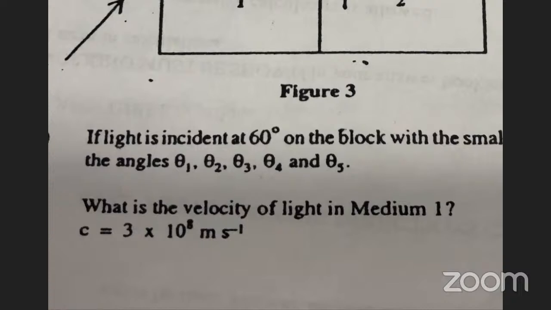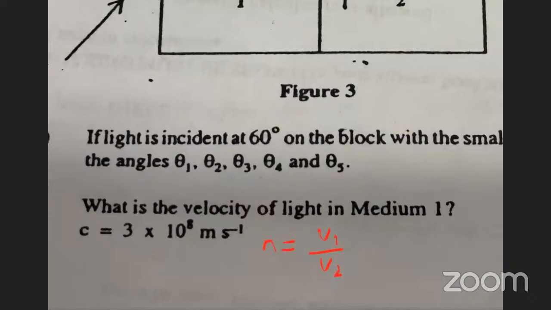All right, so how are we going to find this one here? How are we going to find the speed of light? Which formula has speed of light in it? Refractive index is speed in medium 1 over speed in medium 2.